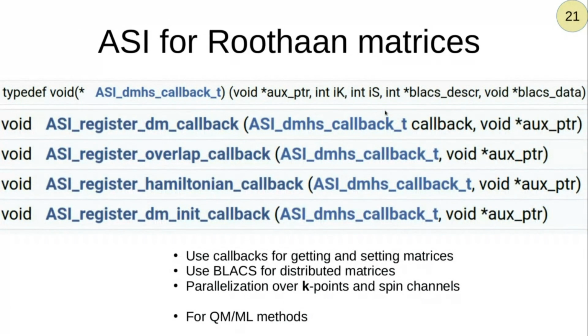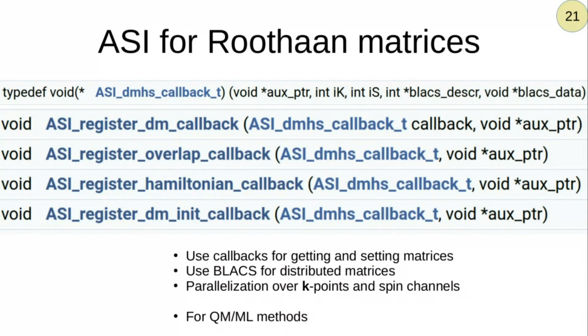And the ASI API for Roothaan matrices. Currently, we do support import and export of the density matrix, that is essentially the representation of eigenvectors for the Roothaan equations, the Hamiltonian matrix, and the overlap matrix. These matrices are only exported from the DFT code.